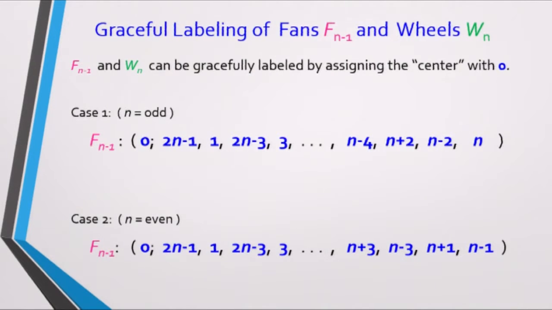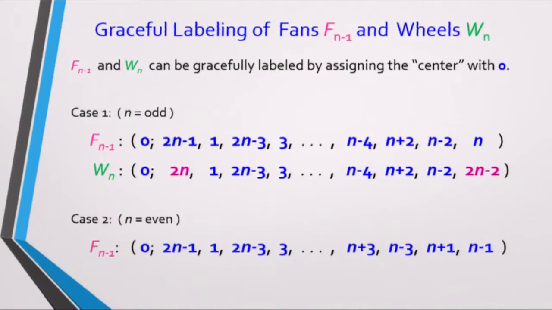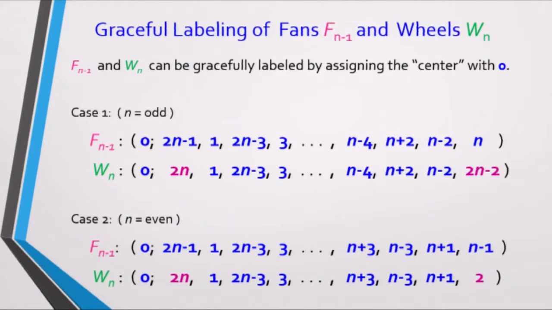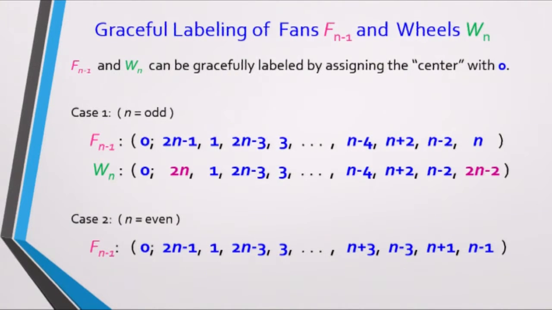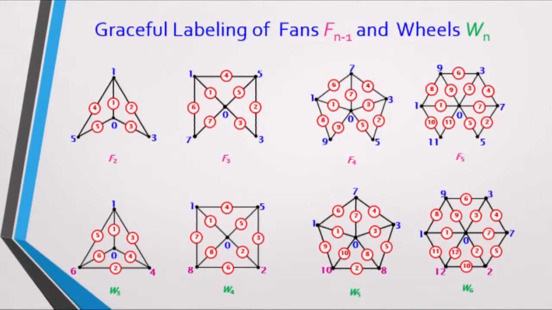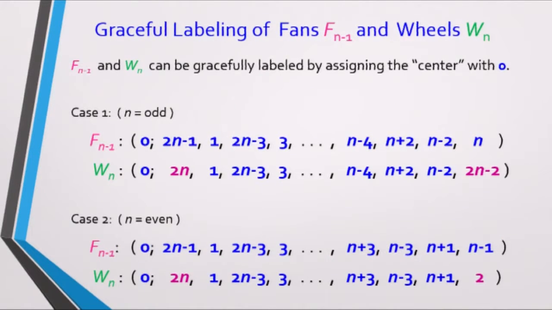And when we label the wheel graphs, increase this number by 1, but increase this one by n minus 2. However, if n is even, then increase this one by 1, but the other one stays constant as a 2. And if you go back to the previous, when n is even, the right side number is always constant 2 in that case.